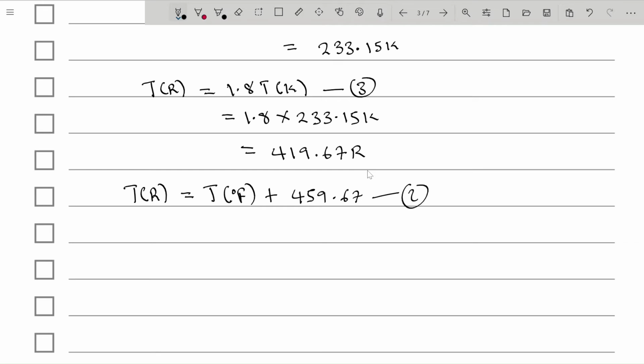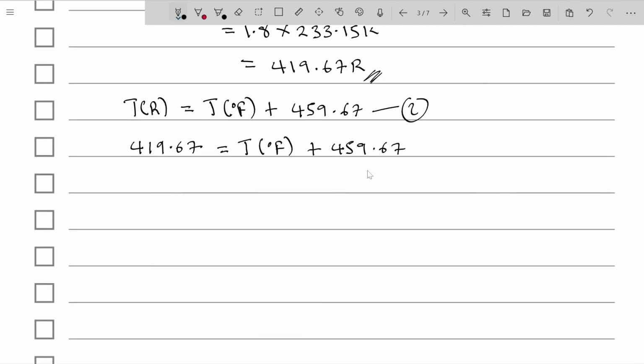We have our temperature in Rankine to be 419.67 from here. It's equal to temperature in degree Fahrenheit plus 459.67.